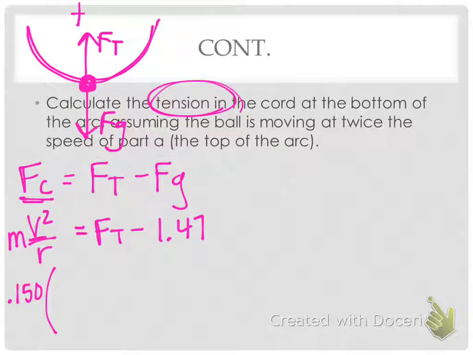What is our velocity in this case? It says it's twice as fast as the speed of part A, twice as fast as the one we just solved for. So our velocity should be 6.6 squared over r.